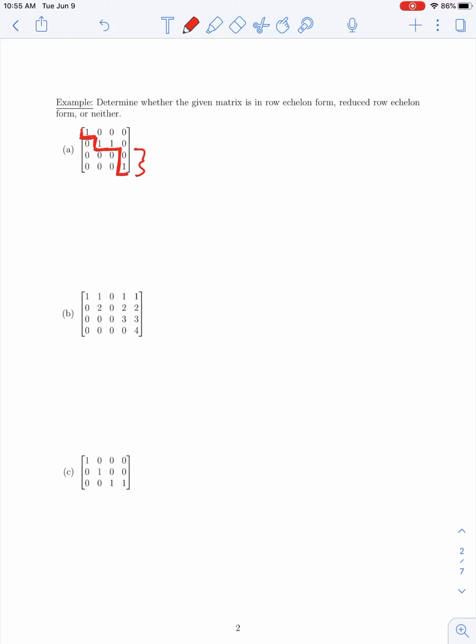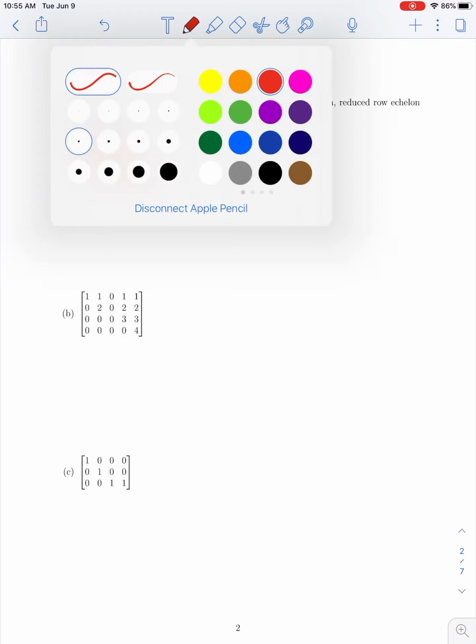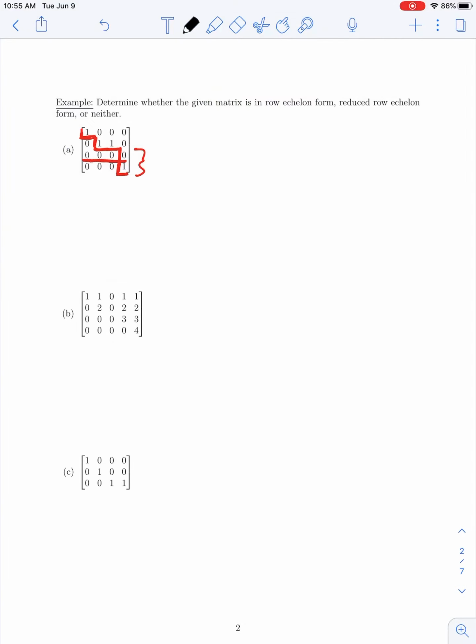So what specific property did it not follow? Well, we have here a third row that consists of all zeros, which is appearing before our last row, which was a non-zero row. So it fails the first condition for an echelon matrix.